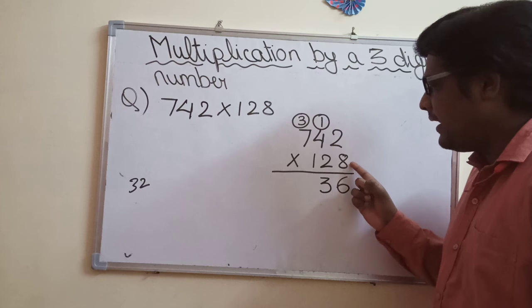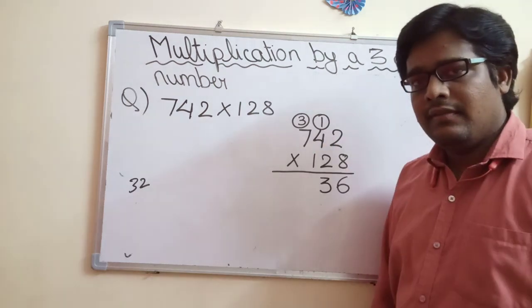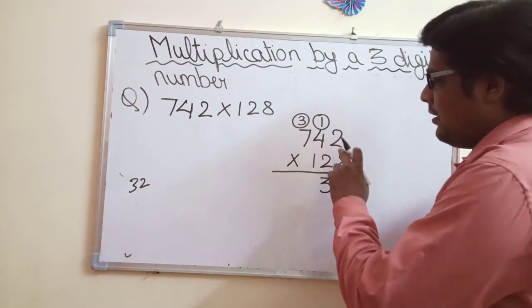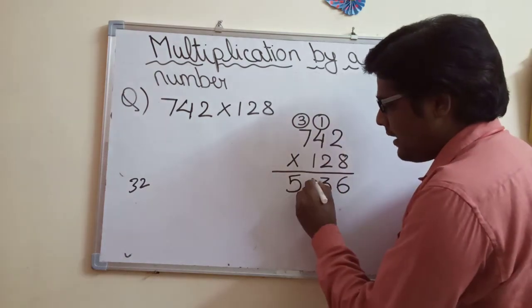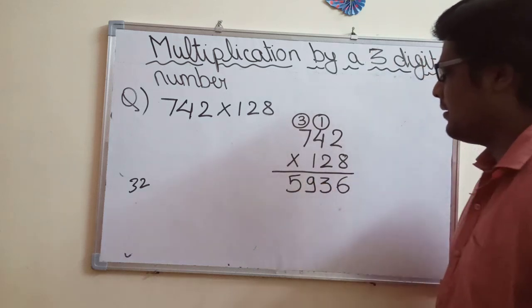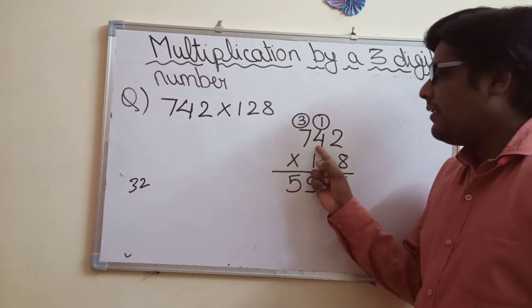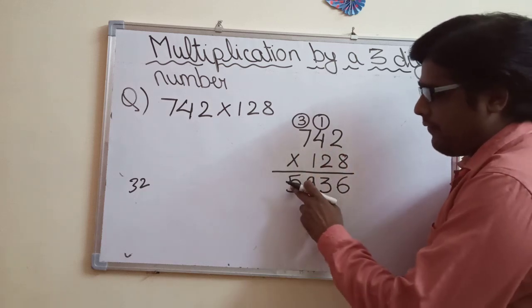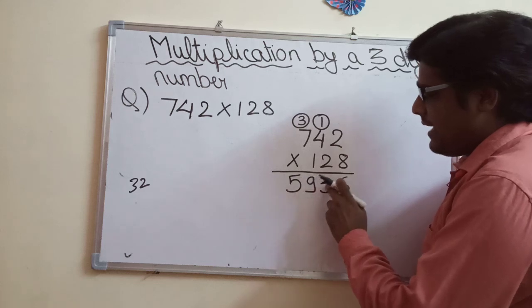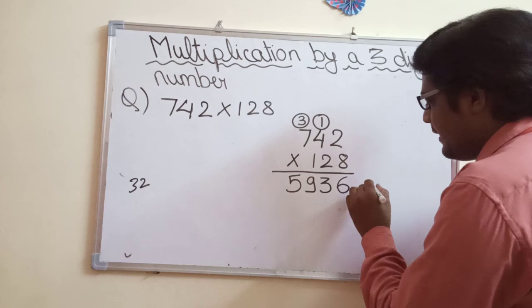Now multiply 8 by 7. 8 7s are 56. 56 plus 3 is equal to 59. So when you multiply 742 by 8, you will get 5936.